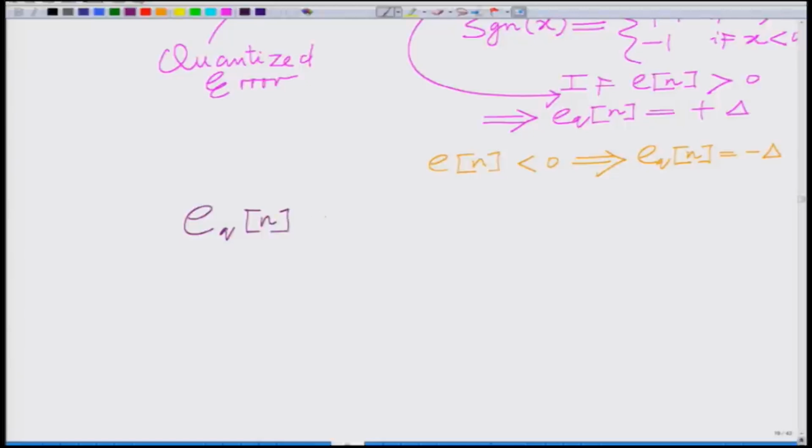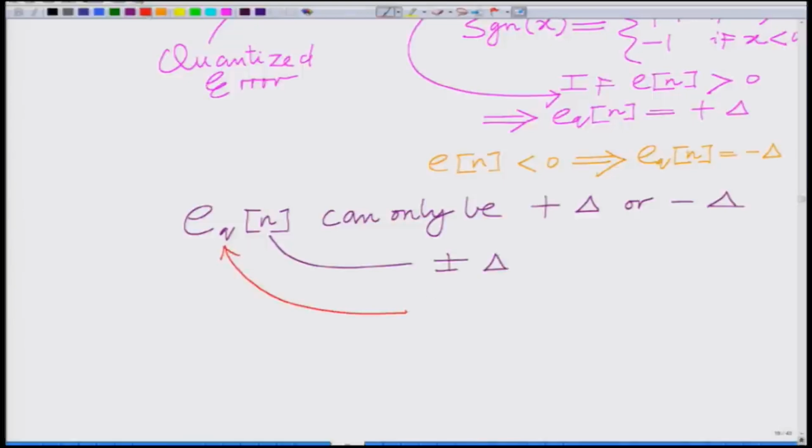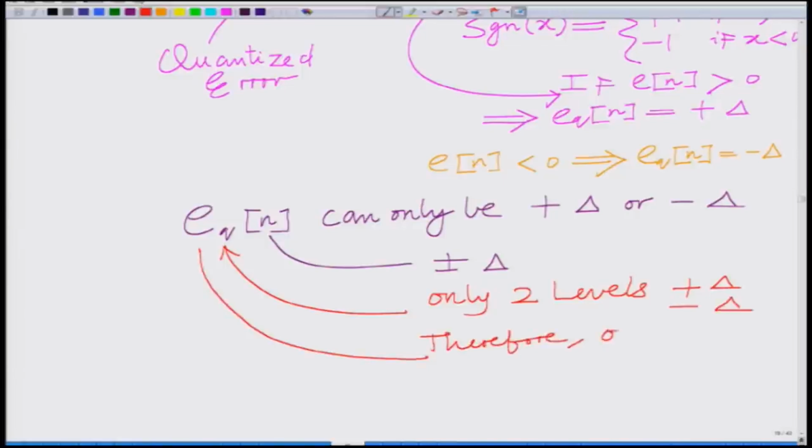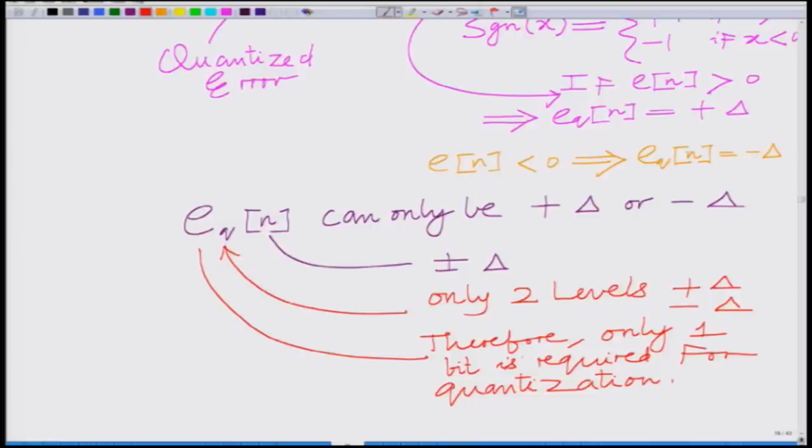EQ[n] can only be plus delta or minus delta, hence only two levels, and therefore, only a single bit is required for quantization.